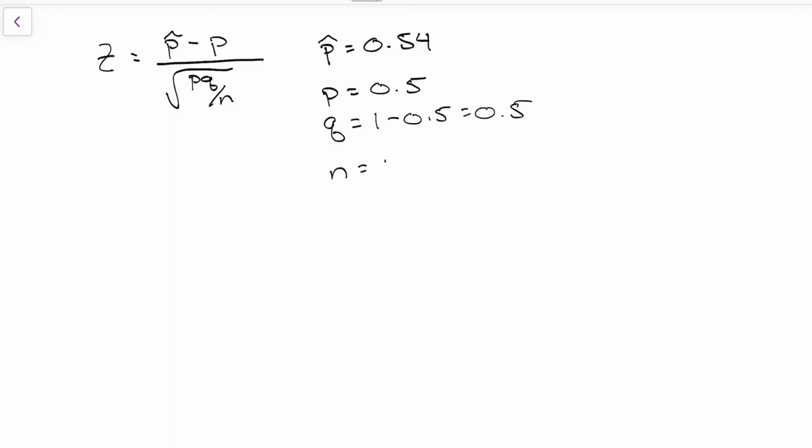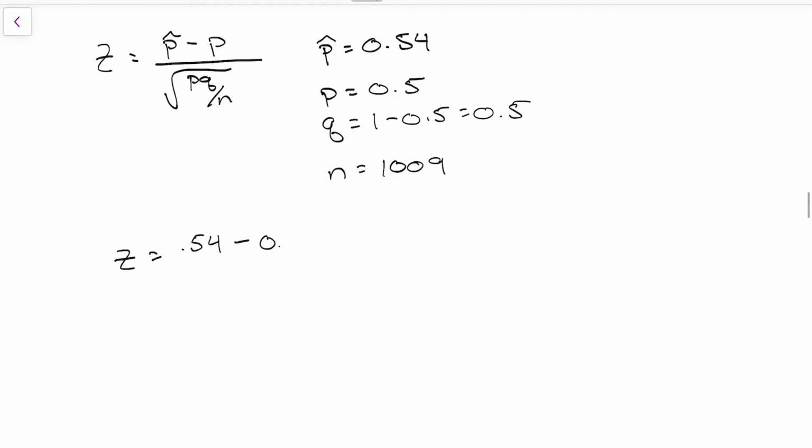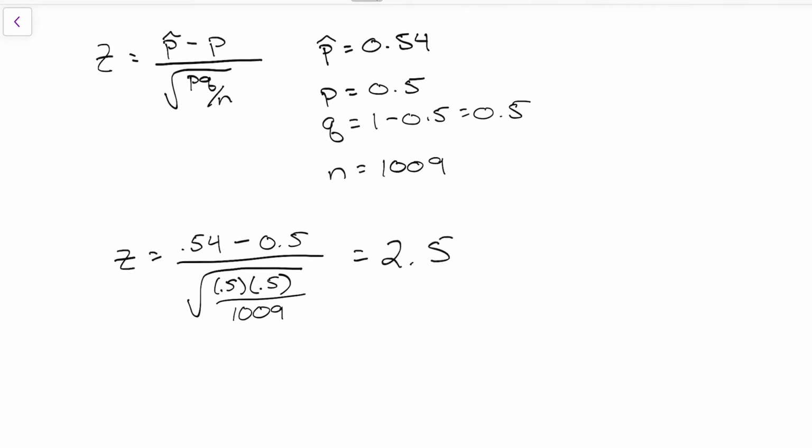And finally, N is that 1,009 people from our study. So we can compute this. The 0.54 minus 0.5, all divided by the square root of 0.5 times 0.5 divided by 1009, just like that. If I compute that, I'll get 2.55. And this is our test statistic value.